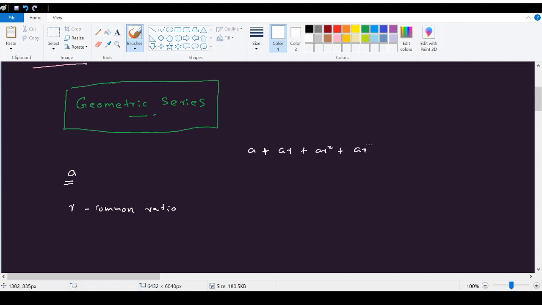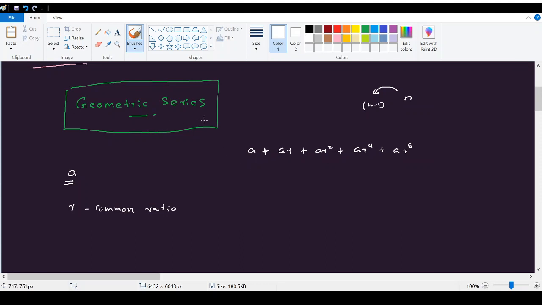Likewise, in order to obtain the nth term, we multiply the (n minus 1)th term with the common ratio. This type of series is called a geometric series.